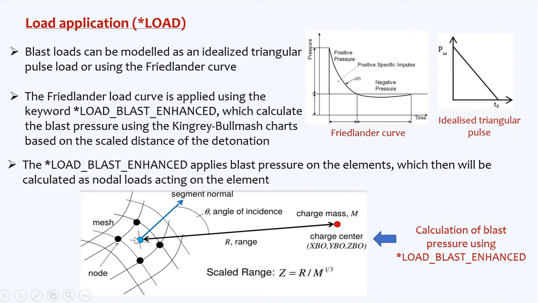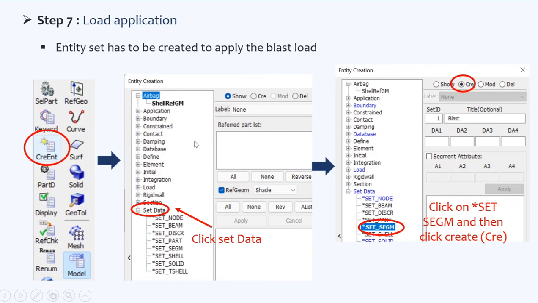So we need to select the segment or the phase at which the blast pressure will be applied. That is the first step for applying the blast load using load blast enhanced. Again, we go to the create entity section. We click on set data. Here we have already used set node and set solid to create the response history.